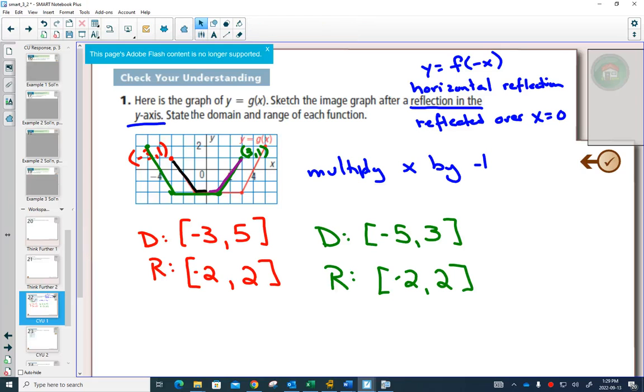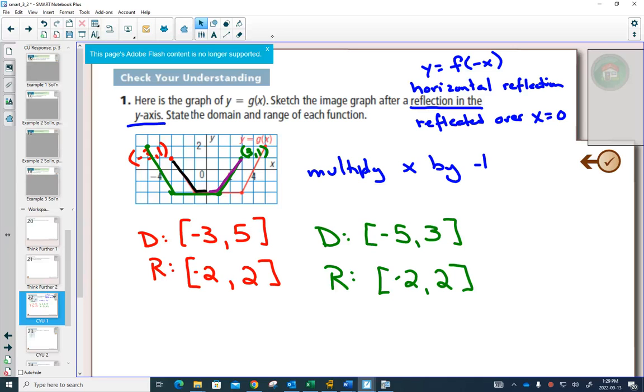Notice the range didn't change. Why not? Well, what was the range? The range are your y values. What was the only thing we changed? We multiplied x by -1. If you multiply all your x coordinates by -1, does it make sense? Your y coordinates would not change. So your range stays the same.